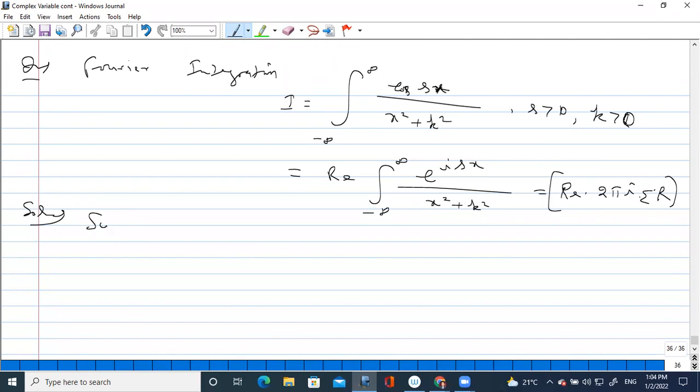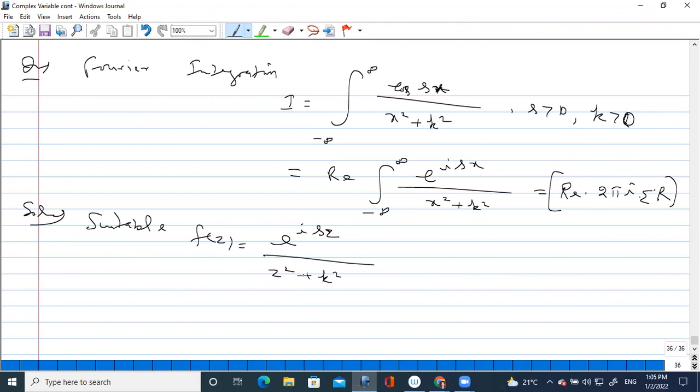So here, the suitable f(z) you can write directly: e to the power i sz divided by z squared plus k squared.